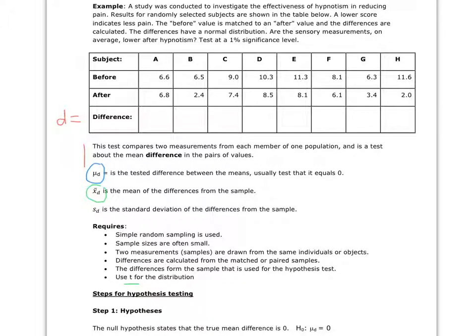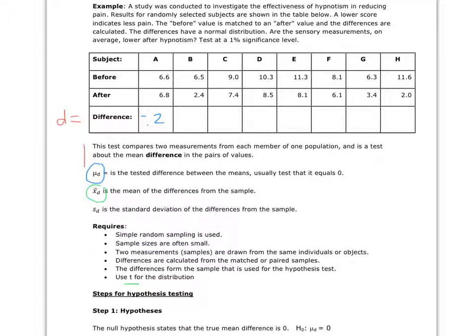Okay, let's calculate the differences for our sample members here. For subject A, we're taking before minus the after. So we get 0.6 minus 0.8, which is negative 0.2.